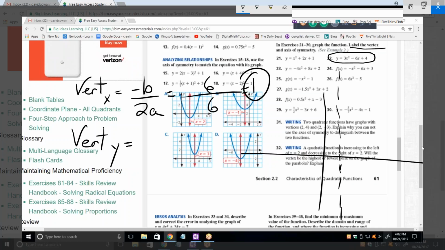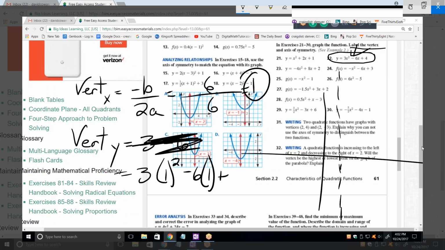So plug 1 into the equation. So y equals 3 times 1 squared, so 3 squared is 9? No, it's not 3 squared. It's 3 times 1 squared. Right. It's 3 times 1 squared minus 6 times 1 plus 4.